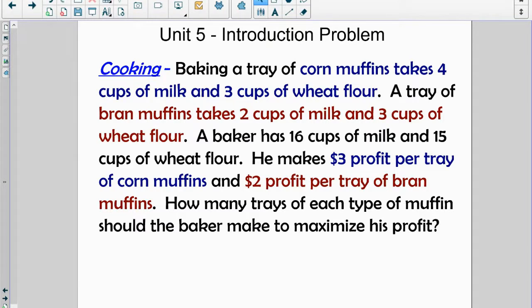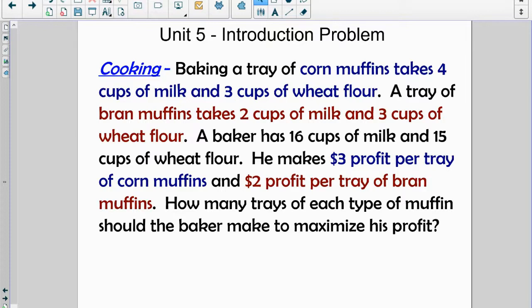A tray of bran muffins takes 2 cups of milk and 3 cups of wheat flour. A baker has 16 cups of milk and 15 cups of wheat flour. He makes $3 profit per tray of corn muffins and $2 profit per tray of bran muffins. How many trays of each type of muffin should the baker make to maximize his profit?